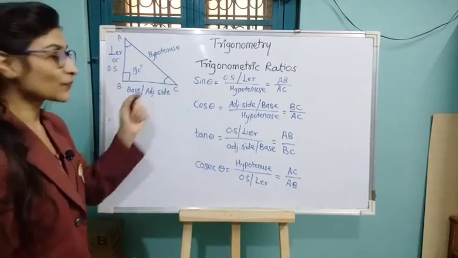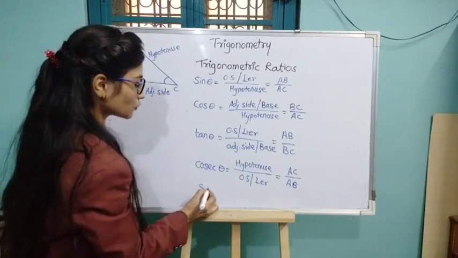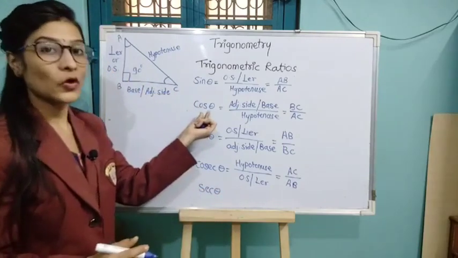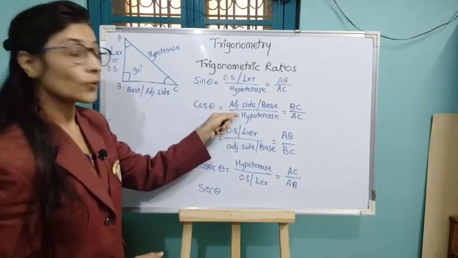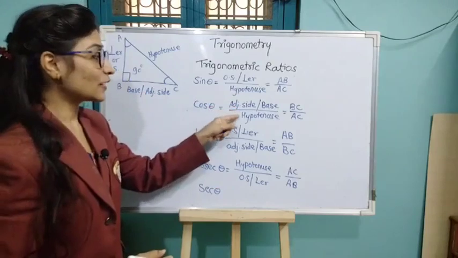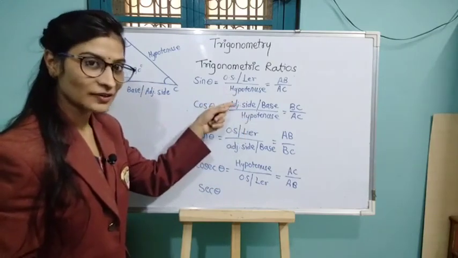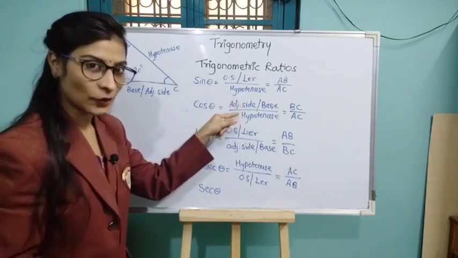This is the trigonometric ratio for angle C. Next, after cosec, we have to learn about sec theta. Sec theta is the reciprocal of cos theta. Reciprocal means we interchange the numerator and denominator: the term at the denominator goes to the numerator, and the term at the numerator goes to the denominator.